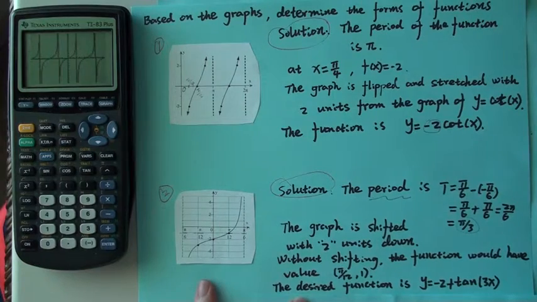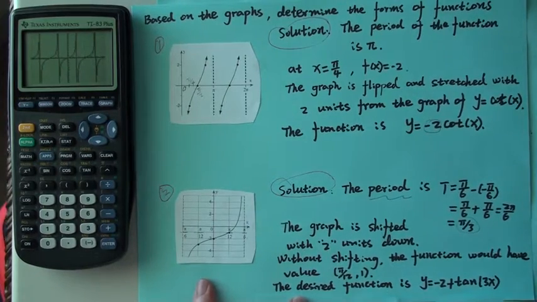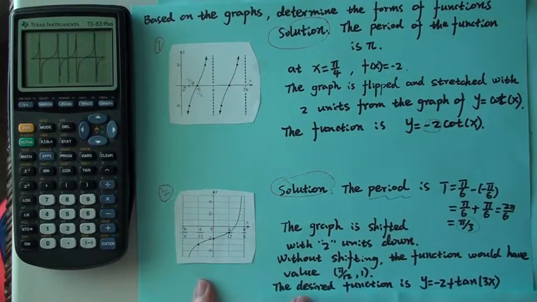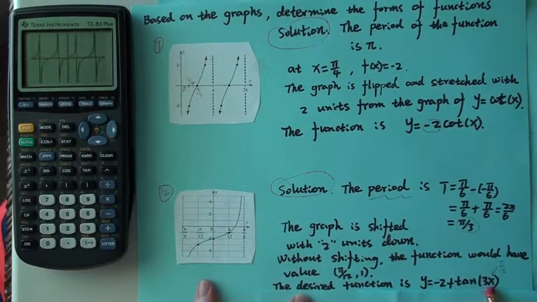Alright, you may try that. You may try a typical value. You plug in pi over 12 here. And then 3 times pi over 12 is pi over 4. And for tangent pi over 4, you know, is 1.